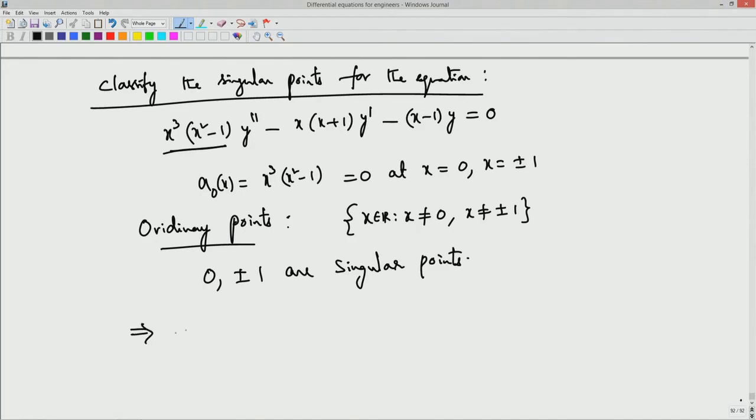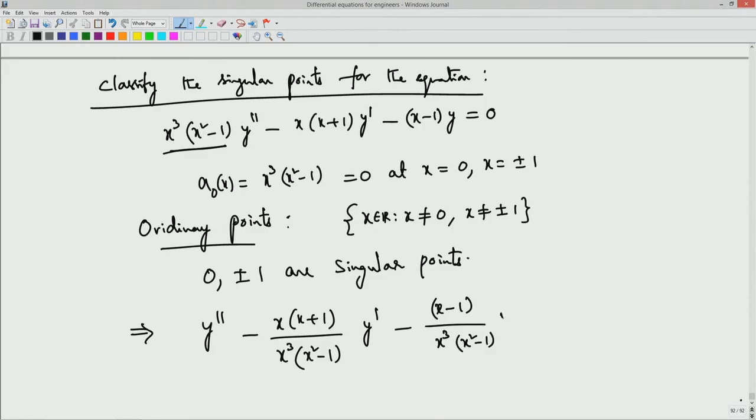If I divide this equation, we will get y double dash minus x into x plus 1 divided by x cube into x square minus 1 times y dash minus x minus 1 divided by x cube into x square minus 1 times y equal to 0. So, the equation becomes this.